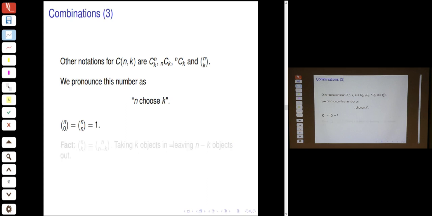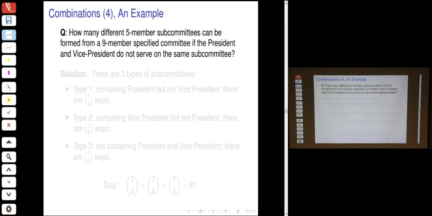So n choose k is the same as n choose n minus k. It's like here I choose friends and enemies, right? After I fix my friends, then the enemies are clear. Or it's the same: I choose my enemies and then the friends are clear. Okay. Anyway, look at the example.